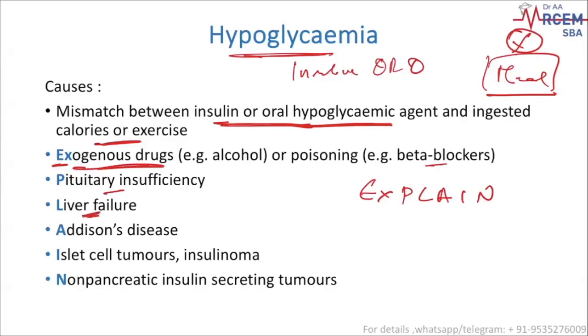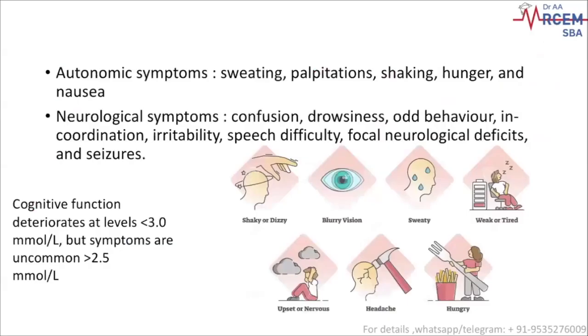Liver failure is one of the important causes, as we discussed in the last class itself, where I said that acute or chronic liver failure can predispose to hypoglycemia because gluconeogenesis happens in the liver. Addison's disease is one where you look out for the glucose values. Islet cell tumors like insulinoma, very rarely seen. Non-pancreatic insulin secreting tumors, again a very rare cause. Okay, these are the main causes. Most common cause is the first one.